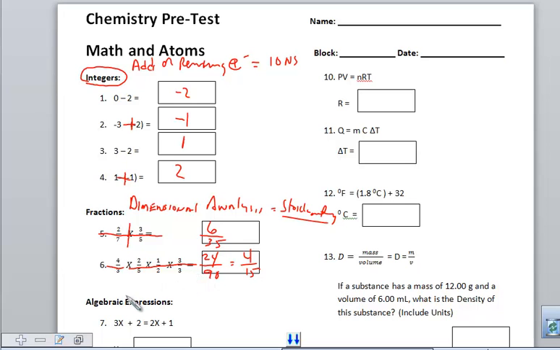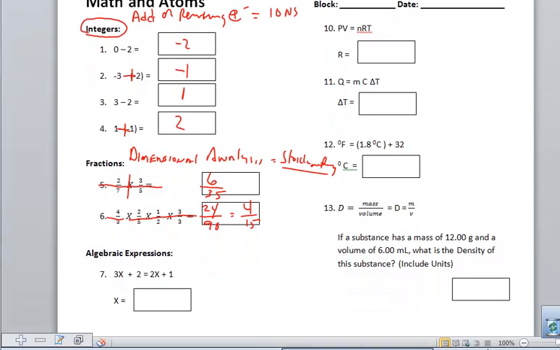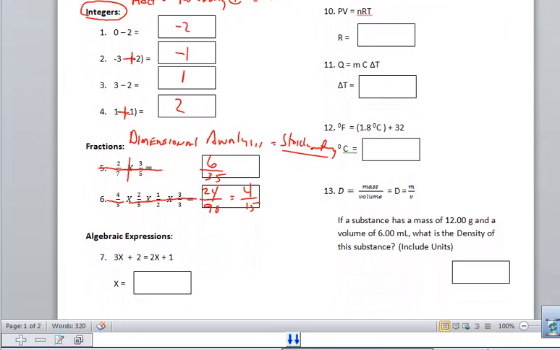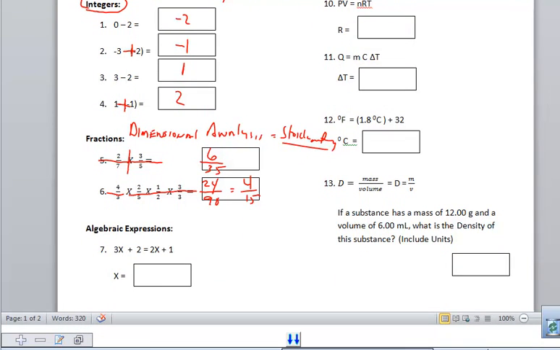Now, in the algebraic expressions, whenever we have a formula in chemistry, it's usually a chemical law or a physical law, and it can be reduced down to an equation. So in many cases, it's very important for us to be able to isolate the particular variable.